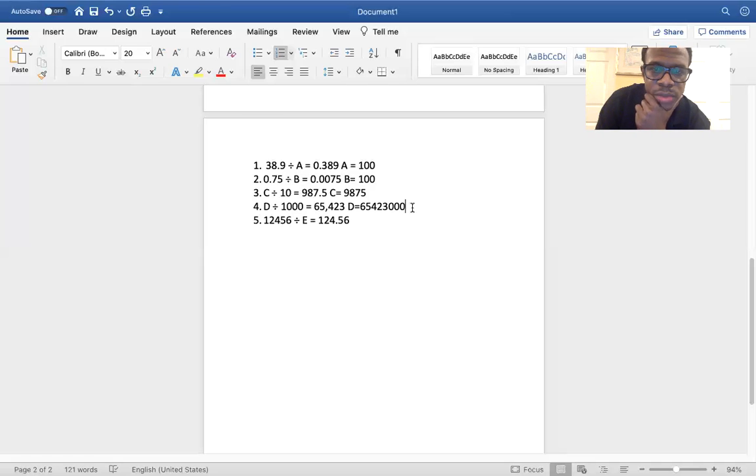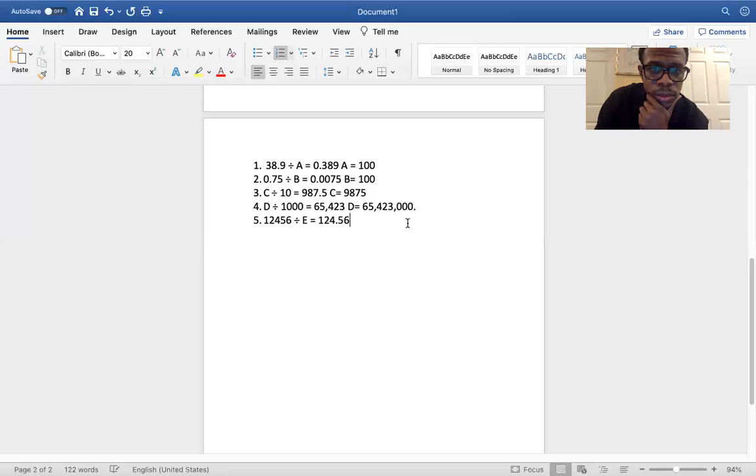It was moved 3 times to the left. So that means that decimal point would have to have been here, and then it was moved 1, 2, 3. Put in a new decimal point here. So you should have, see, 1, 2, 3, 1, 2, 3. So it's actually here. Yeah, 65,423. So that should have been your answer.